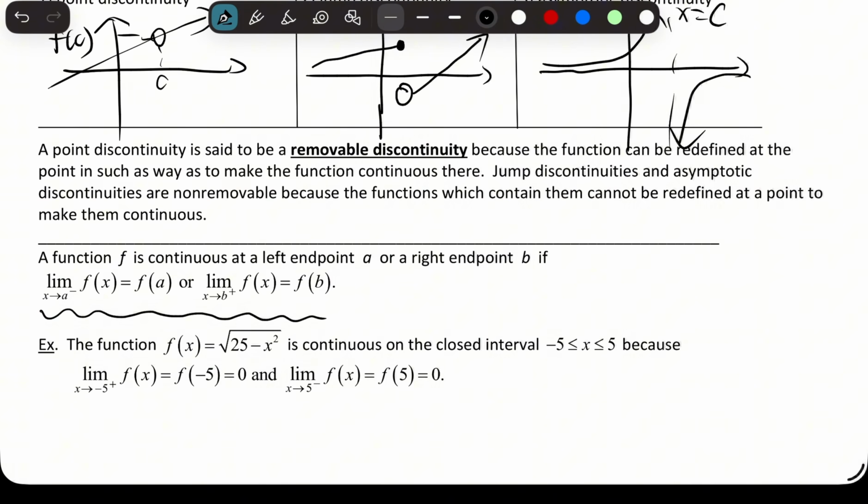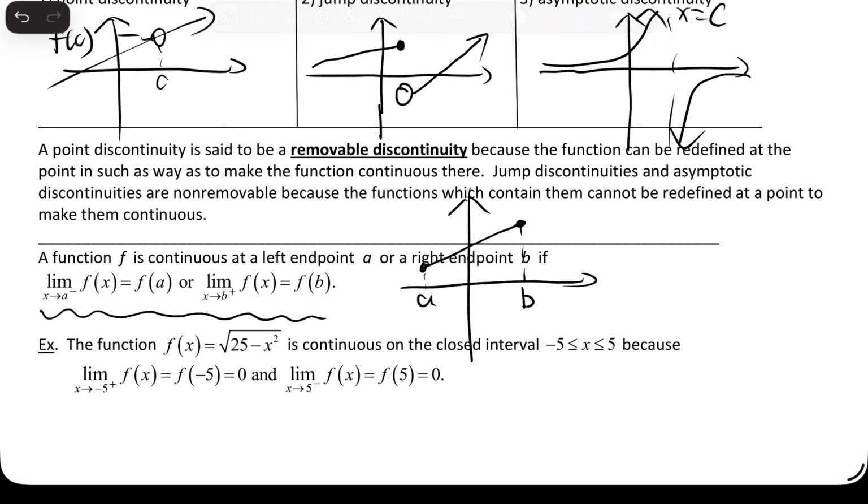For this one, it's kind of the other way around. Since there's a closed interval, let's say this is a and this is b, we can't test the limit using right and left, because it's not going from infinity nor negative infinity.